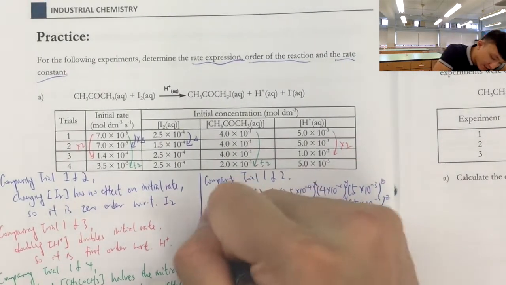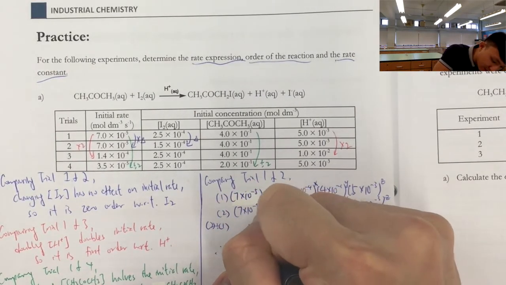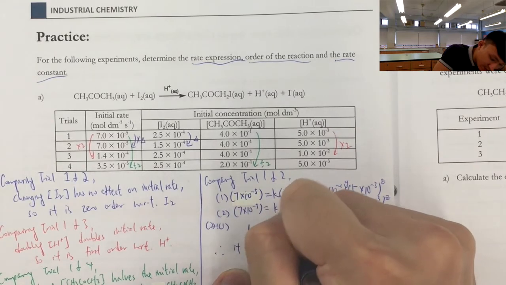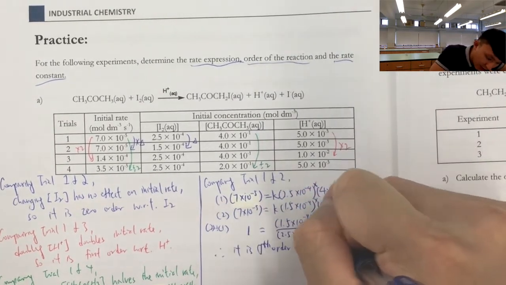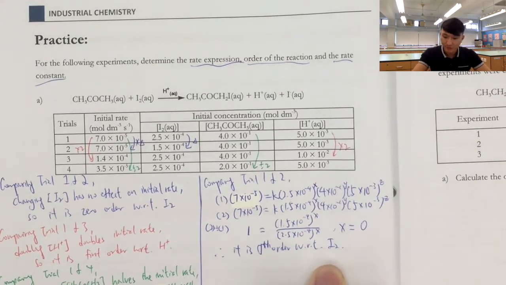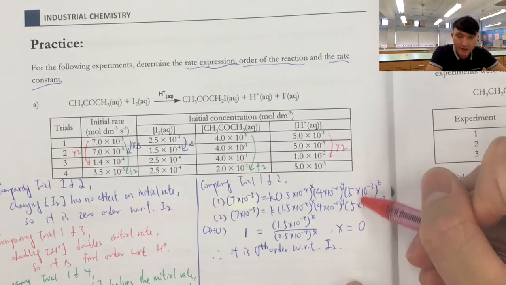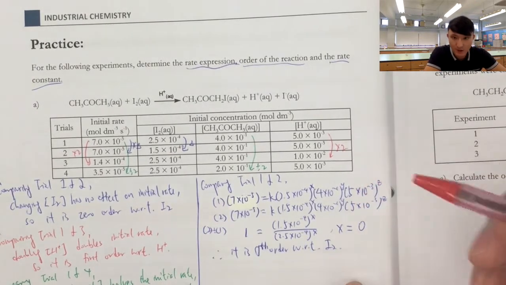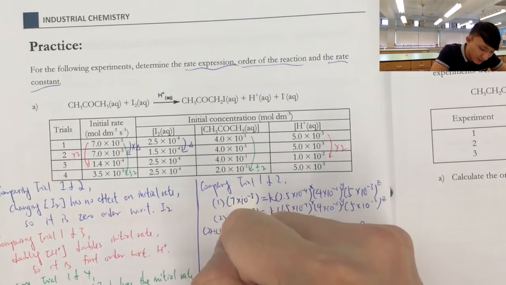So that's why it is zero order with respect to I2. Okay? Now, of course, like I said, this equation is not necessary, but I'm just writing it down once to illustrate to you how it works. Now we can do something similar.